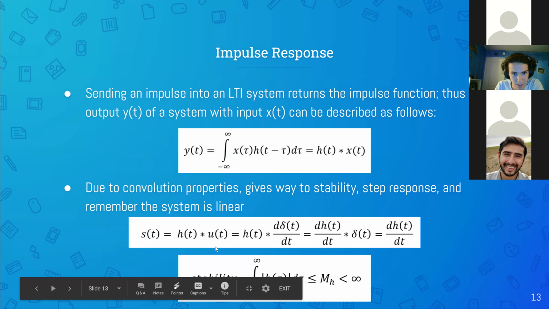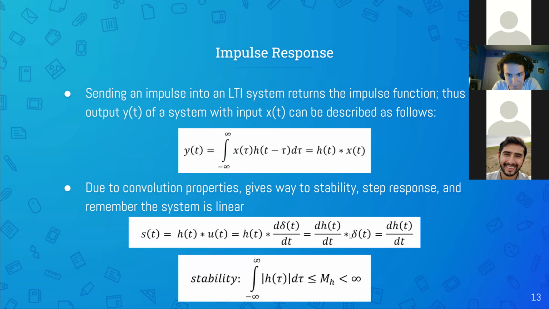Yes, this does not look to be correct. I believe this should say that this should be an integral. I'll get back to you guys on that one. Let me think about it a little more. But it should be that convolution with a step function is an integral, and I know that for a fact. So take that.